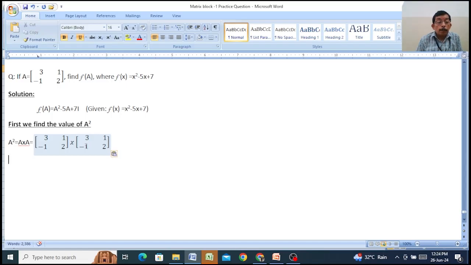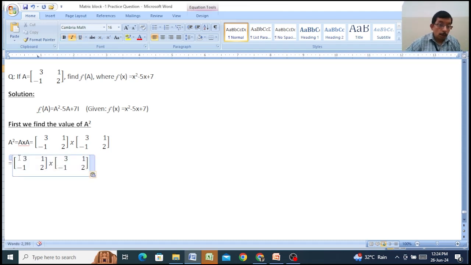Now we find the multiplication by the multiplication method. What is the method? Each element of a row is multiplied by the corresponding element of each column in the second matrix one by one. Now start the multiplication in the next step. First we take the first row.